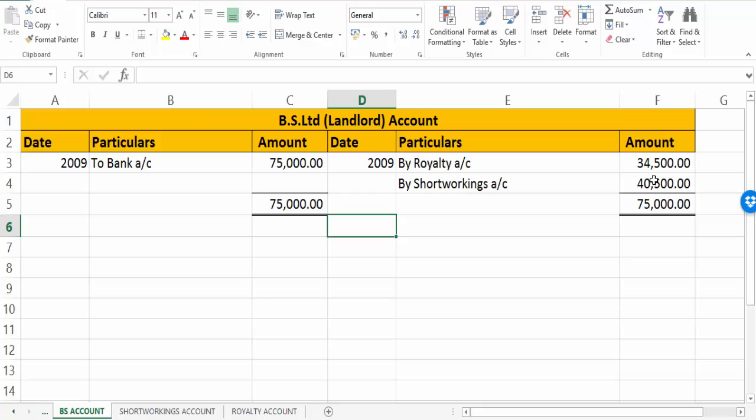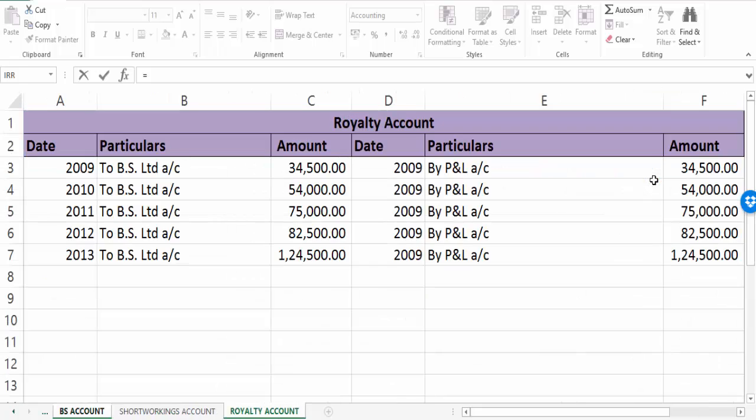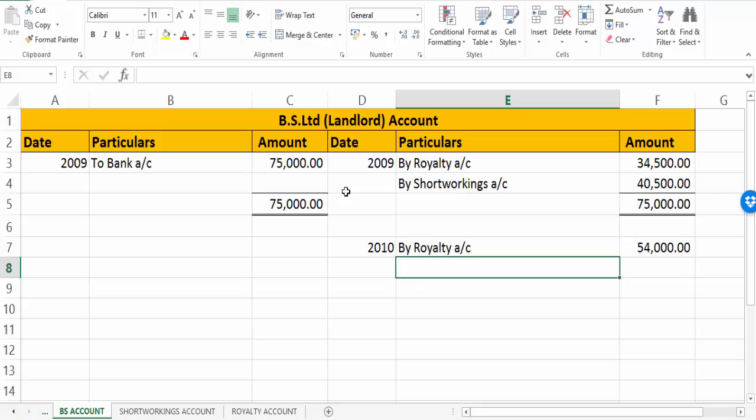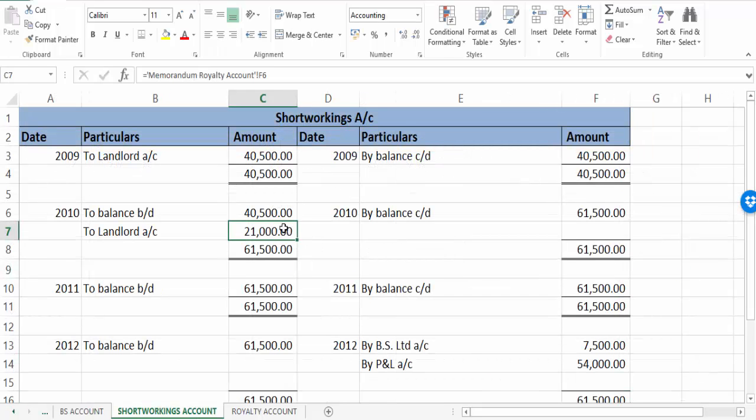Moving on to 2010. Let's see what happened in 2010. Go to royalty account, check by royalty account. We'll go to royalty account 2010. Yes, there is something, 54,000. Then check with short workings account. Yes, we have an entry over here, 21,000, right?